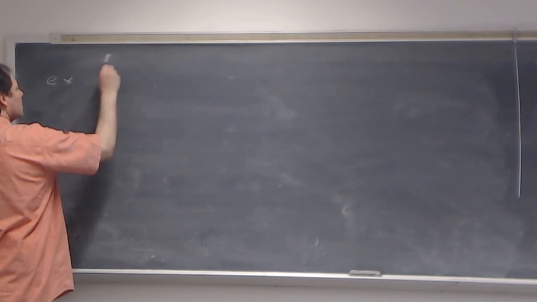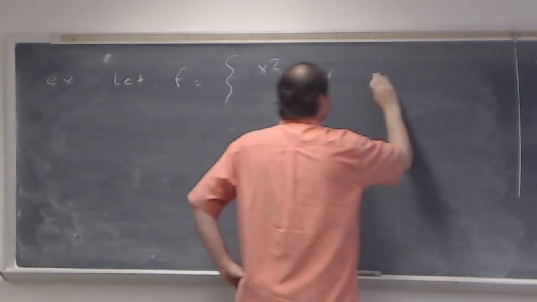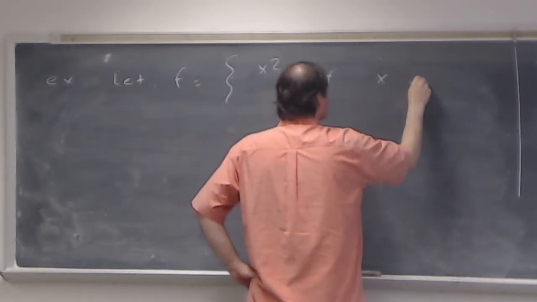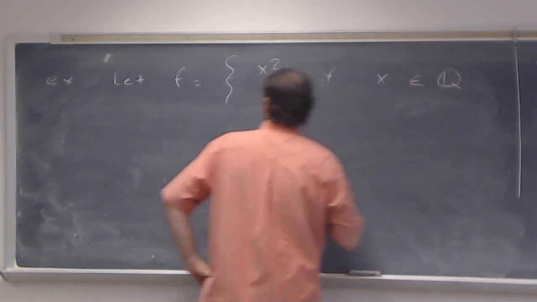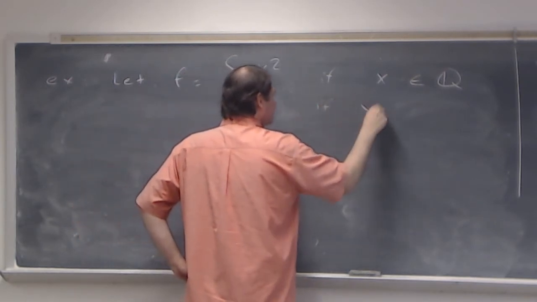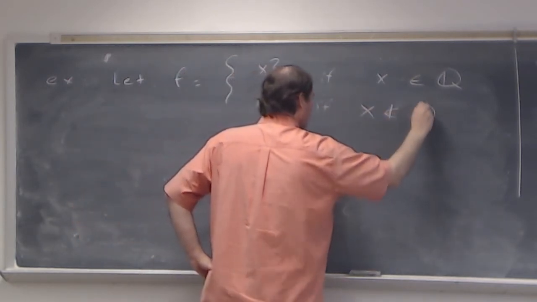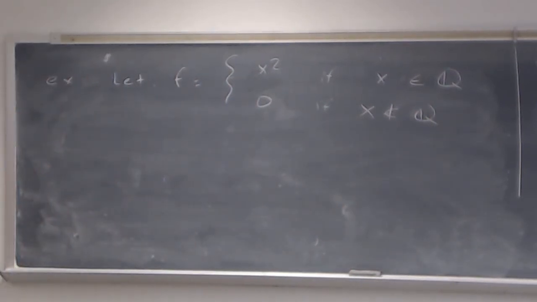Well, I'd like to show you an example. We're going to let f be equal to x squared if x is a rational number, and let it be equal to 0 if x is not rational, so irrational.